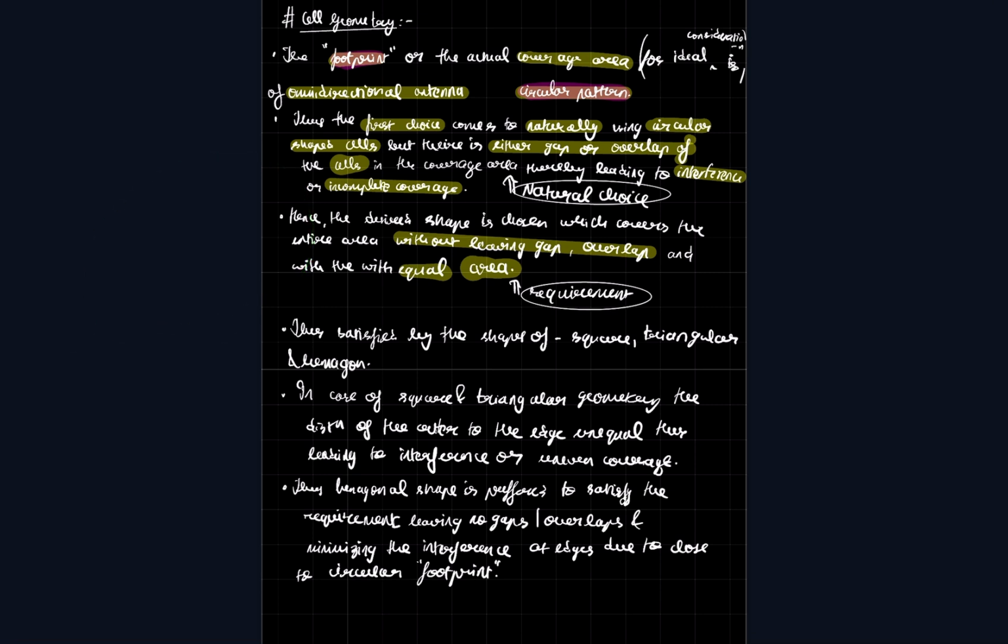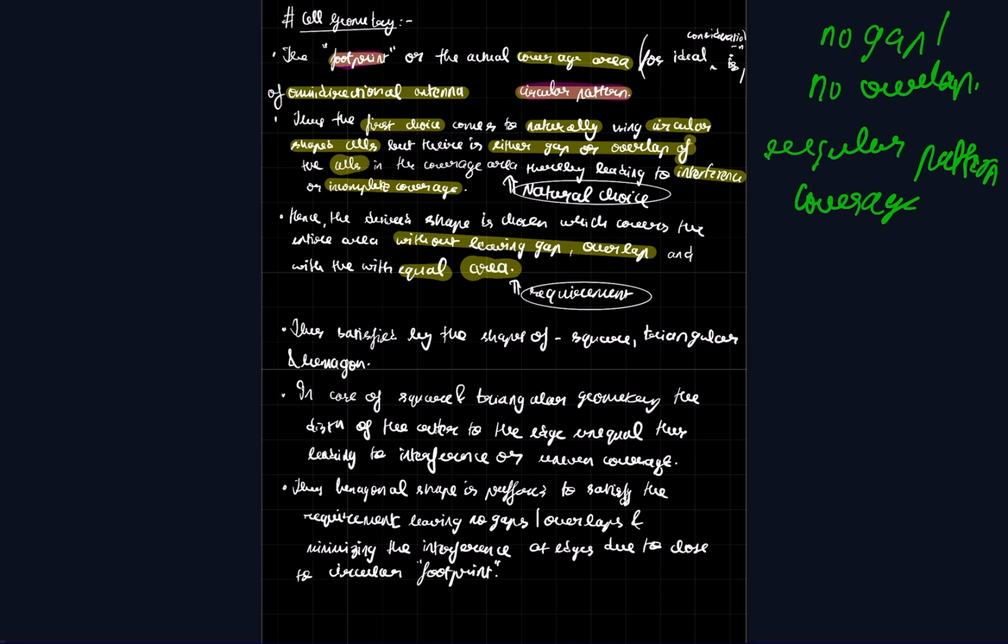So basically we set the basic parameters for the cell geometry. What are those basic parameters? Number one, we should have no gap and no overlap, and secondly, we should have a regular pattern to cover the coverage area.